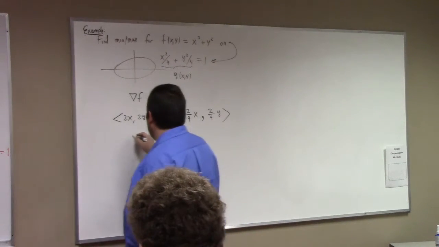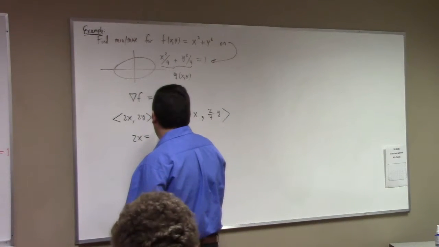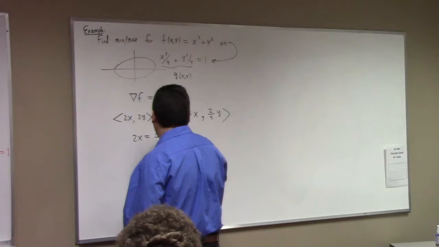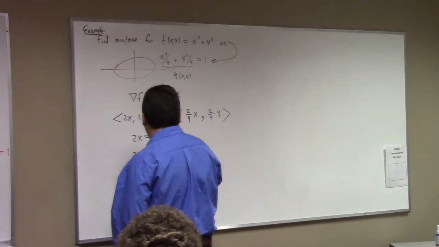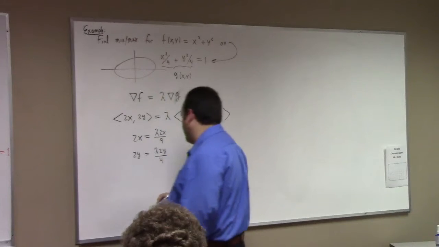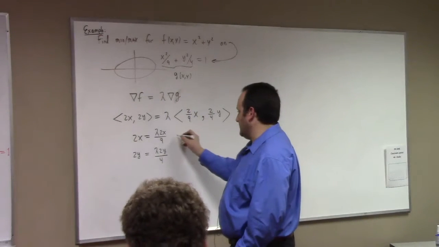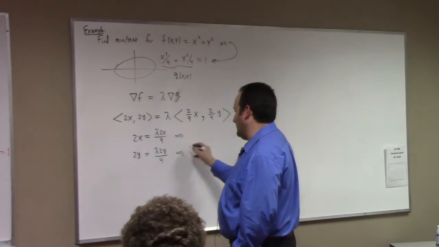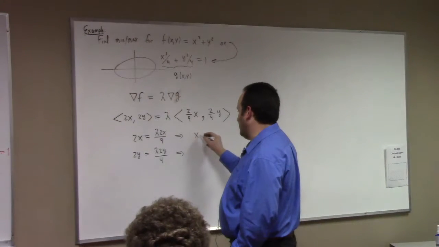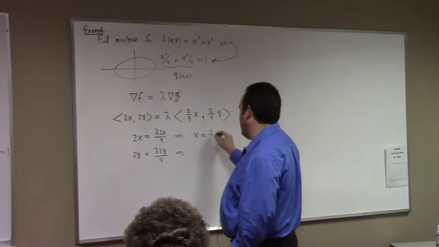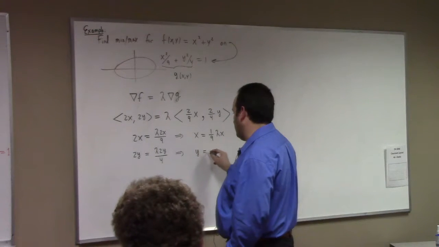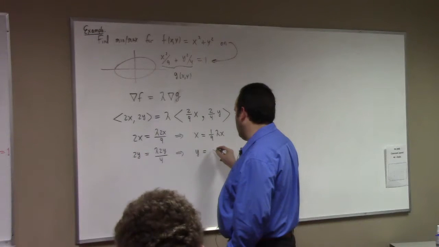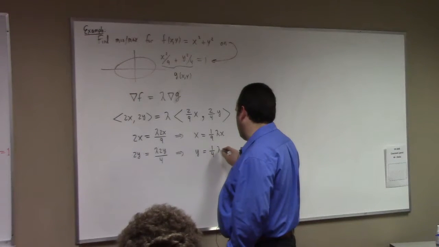This says that 2x is equal to lambda times 2x over 9, and it says that 2y is equal to lambda times 2y over 4. So let's get rid of these 2's. Let me just clean this up a bit. This says that x is equal to 1/9 lambda x, and this says that y is equal to 1/4 lambda y.